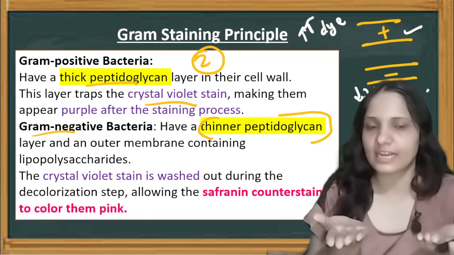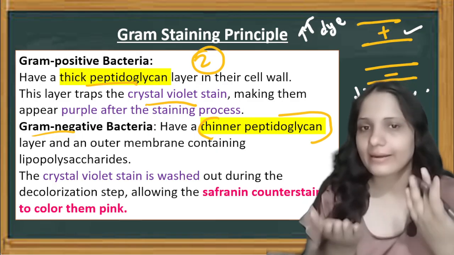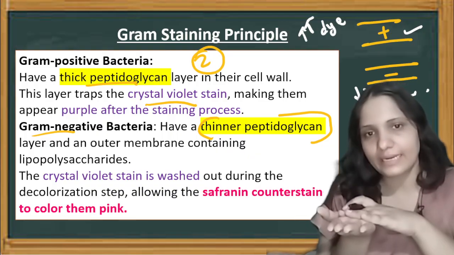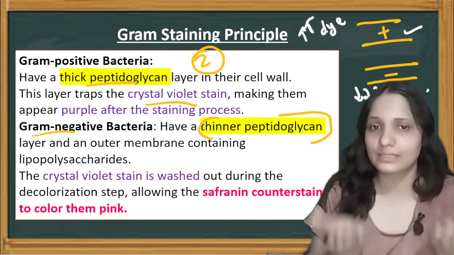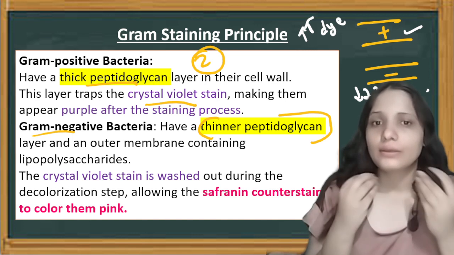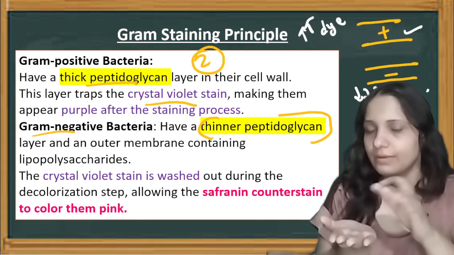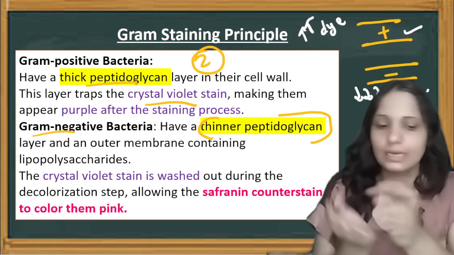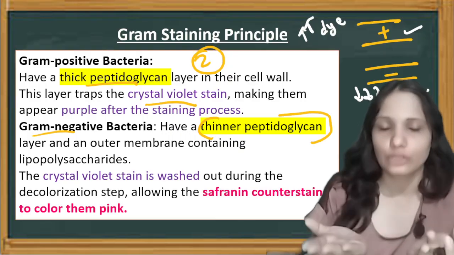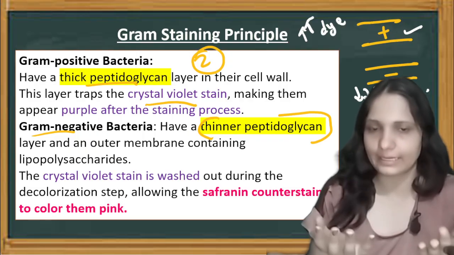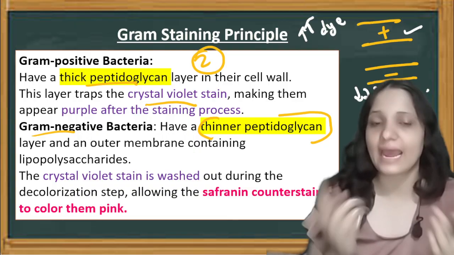Crystal violet will stain the bacteria on both slides. In gram positive bacteria the dye will be trapped more efficiently, while in gram negative bacteria it is trapped less efficiently. This is the difference, but both bacteria will take up this stain. Both are stained by crystal violet at the first step.